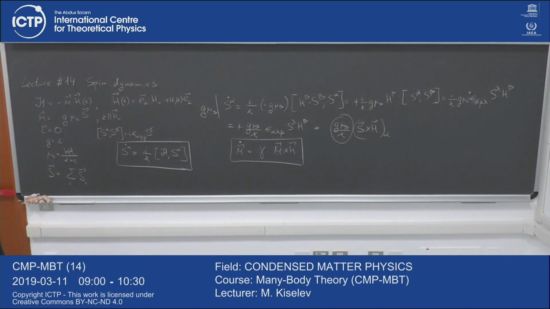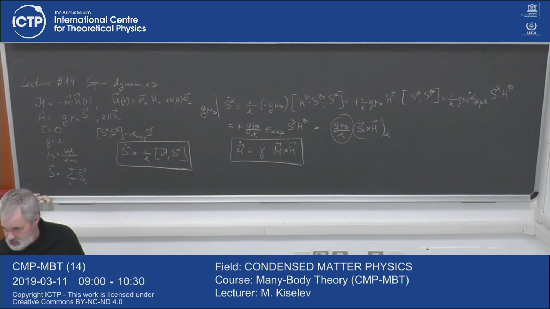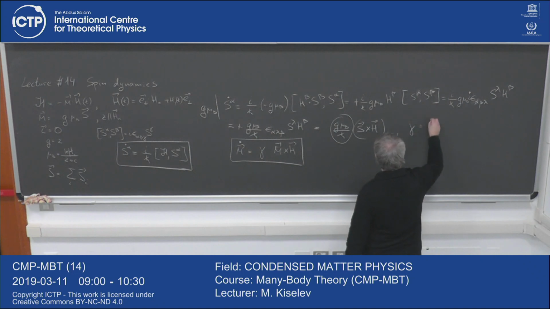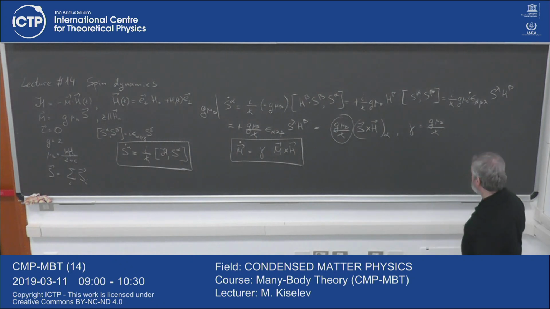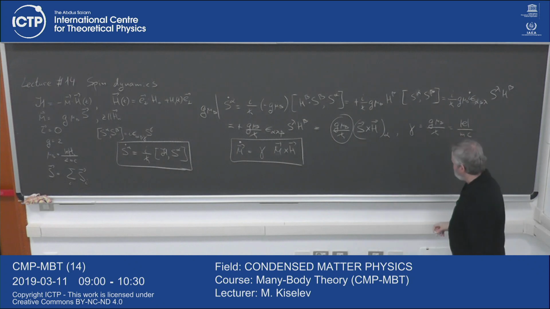So this is the equation of motion, or dynamical equation which describes time evolution of magnetization. In literature it's called the gyroscope equation. There is no dissipation yet, and γ is equal to g μ_B over ħ. Now I plug in what I have, it is equal to modulus e over mc.